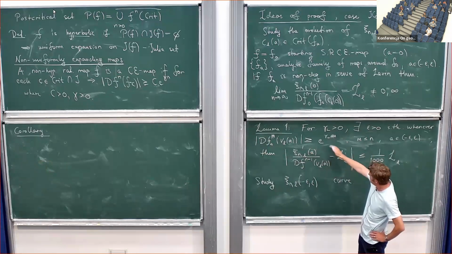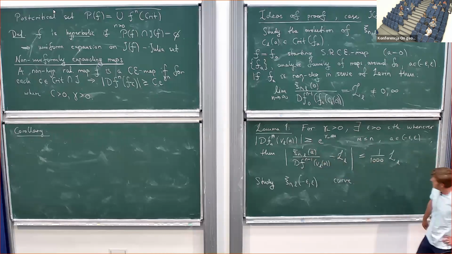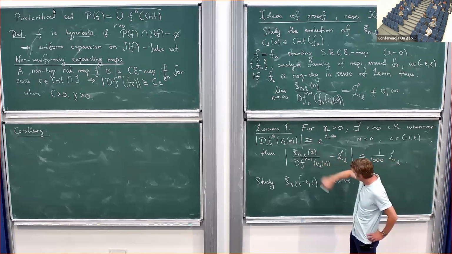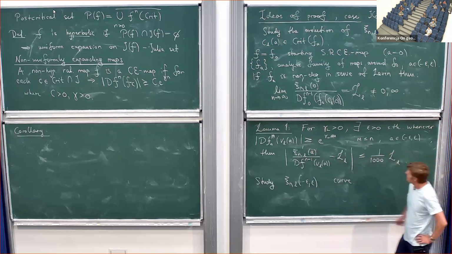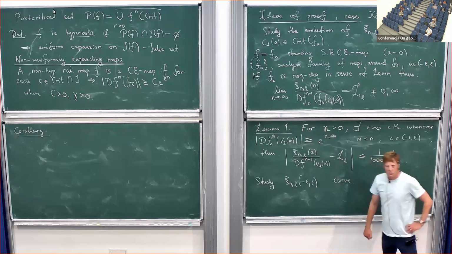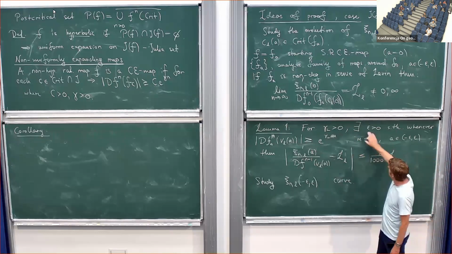So if the derivative grows nicely up to n iterates, then the parameter derivative and the space derivative are also comparable up to n. But you have to choose some starting exponent from the beginning, and if you choose this small, then you have to choose that one small also.